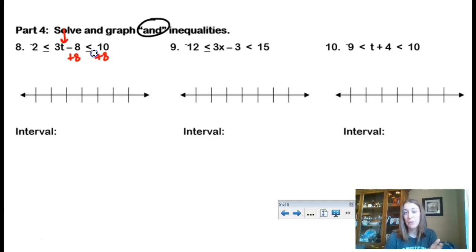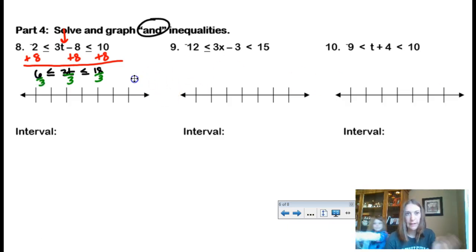You can add 8 to both the right side of the inequality, but also to the left. So we end up with one more line of work still. We have 6 is less than or equal to 3t, which is less than or equal to 18. So one more line, we still have to divide everything by 3. Again, simultaneously, divide everything by 3.